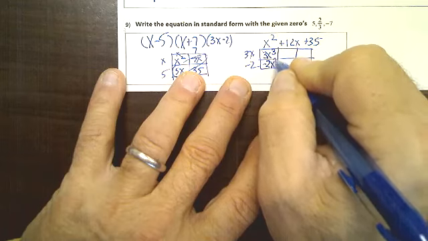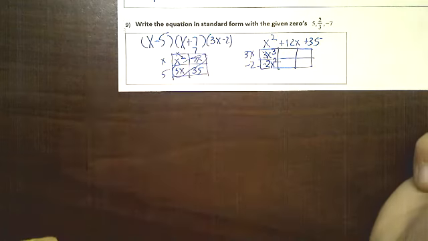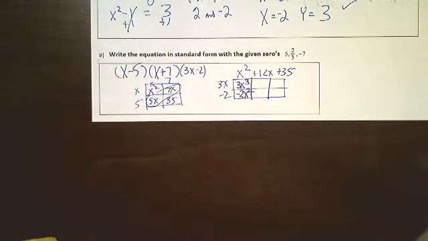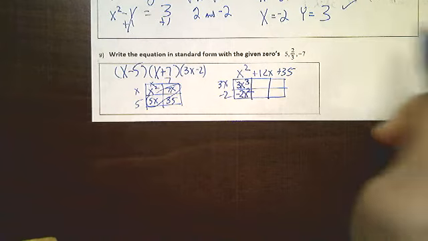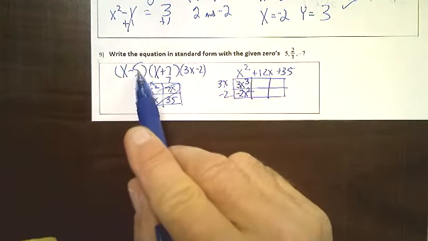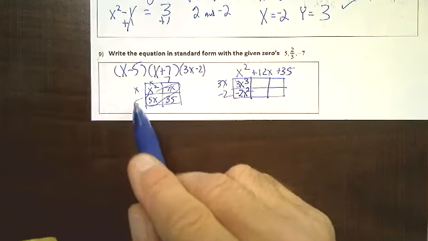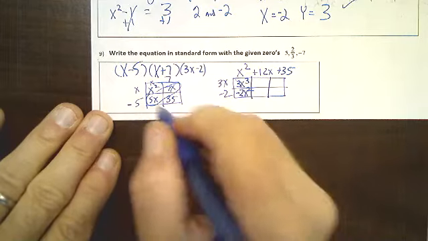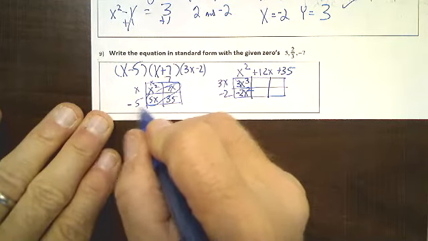Yeah. Shouldn't that 5 be a -5 on the first box? X minus 5. X minus 5. So that changes. Oh my gosh, it does.